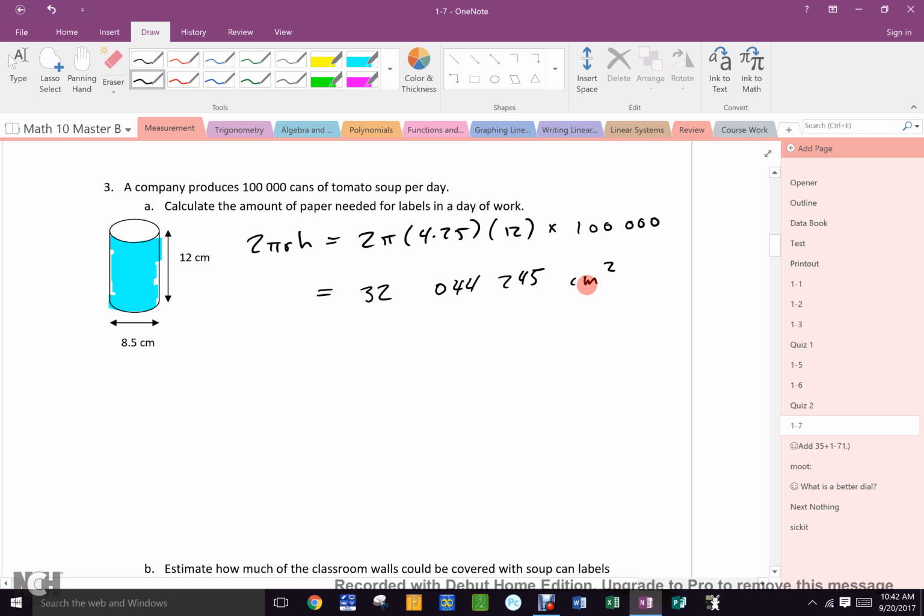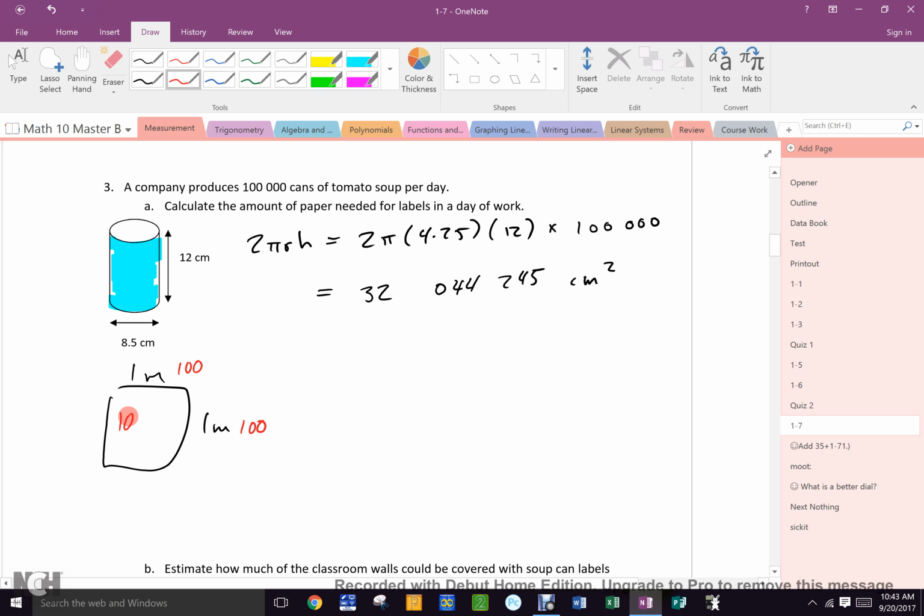These are centimeters. They're a tough number to work with because it's so big, yes? What's a better number to work with when they get big? Meters squared, right? 1 meter is how big? 1 meter, 1 meter. How many centimeters? 100. How many centimeters? 100.